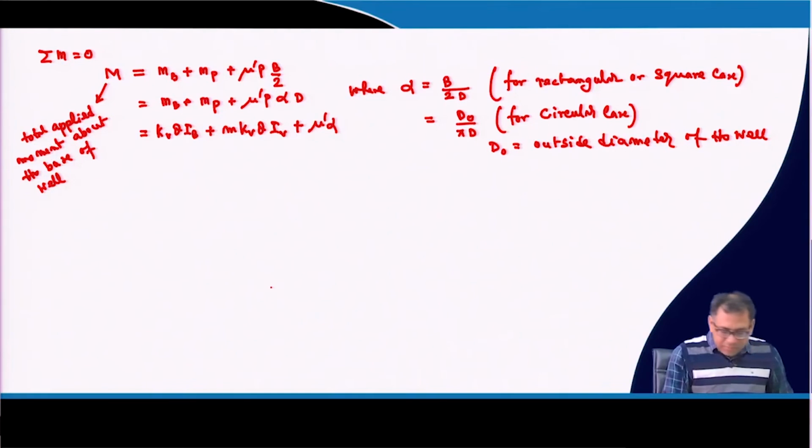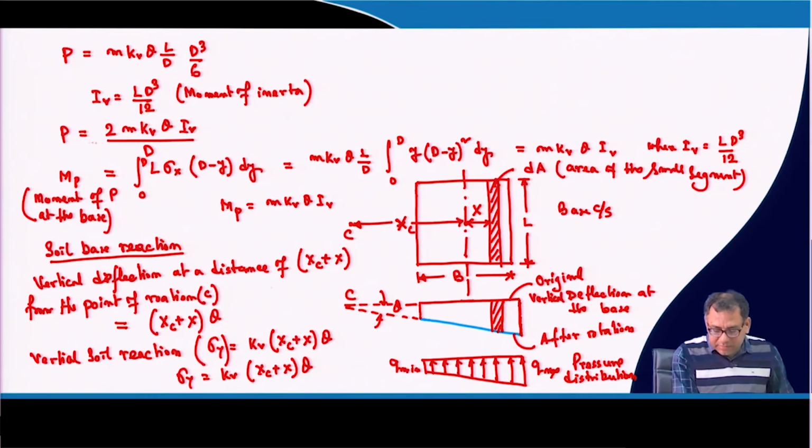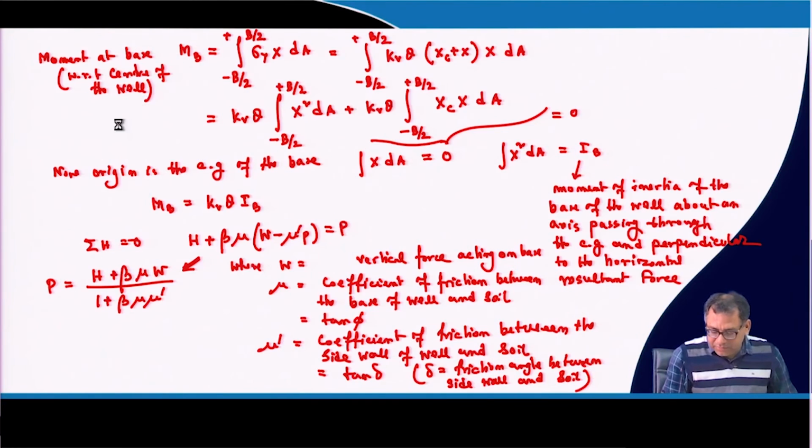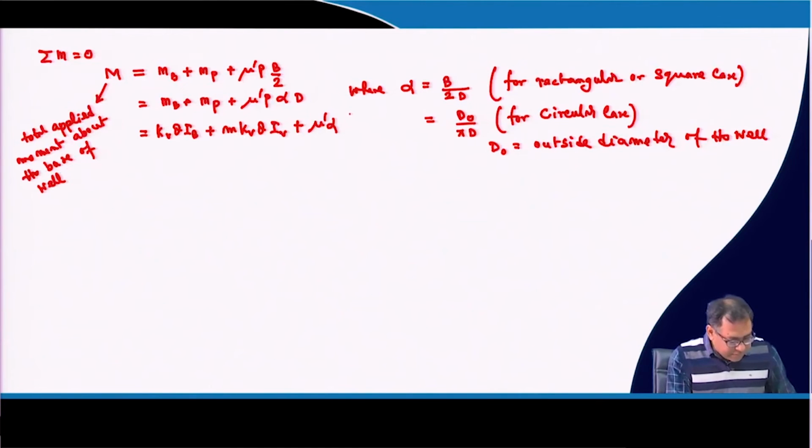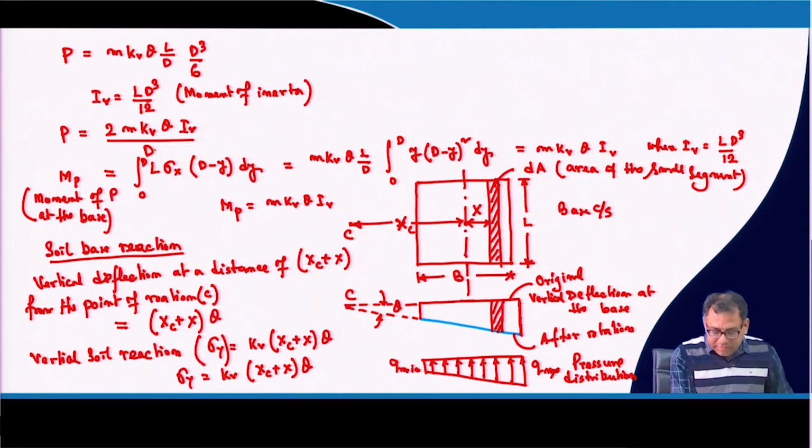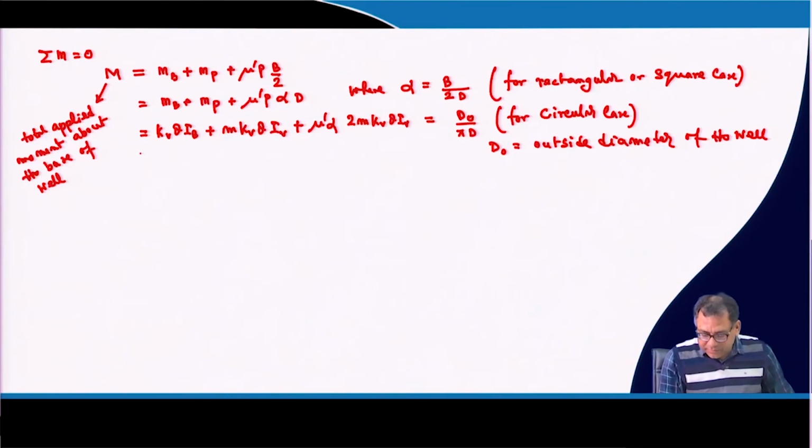And what is the P value? The P value is 2 m k v theta Iv, and there is a term D. So this P we are putting in that equation, and since in P also there is a term D, these two will cancel. So this is the equation.